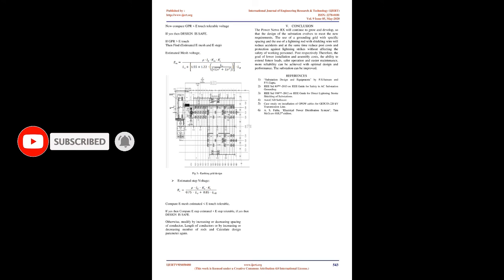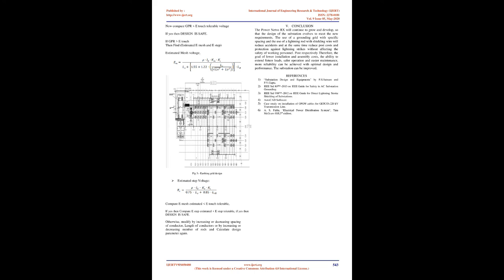Estimated step voltage. Compare E mesh estimated with E touch tolerable. If yes, then compare E step estimated with E step tolerable. If yes, then the design is safe. Otherwise, modify by increasing or decreasing spacing of conductors, length of conductors, or number of rods, and calculate design parameters again.